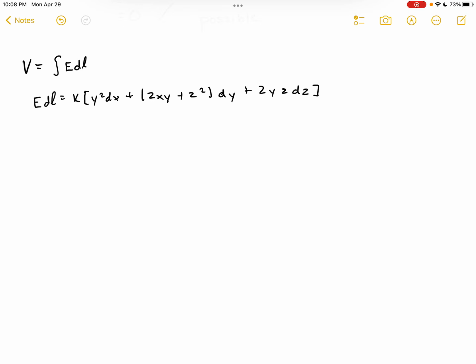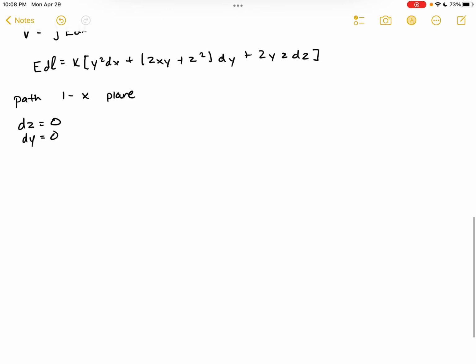So for our first path, we call it path 1, which is on the x axis. We know dz and dy both are 0. So we place that in the equation.